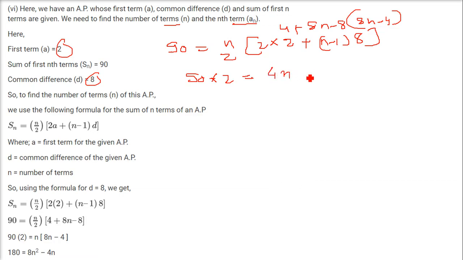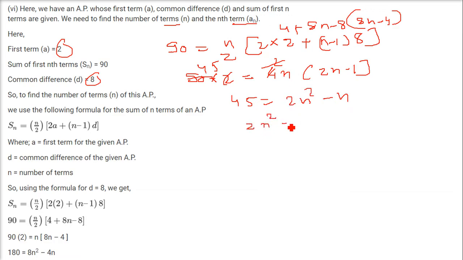Let me take 4n, and 2n minus 1 remains, right? So 2 2s are 4 and 2 into 45. So what do we get? 45 equal to 2n square minus n. So finally our equation becomes 2n square minus n minus 45 equal to 0.